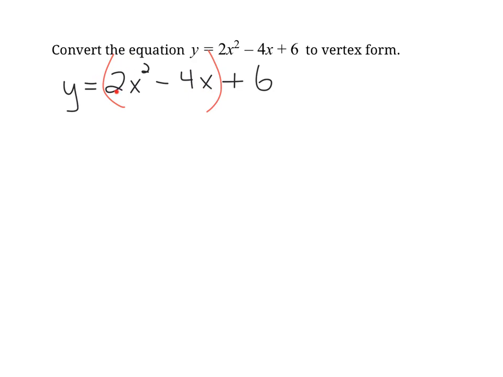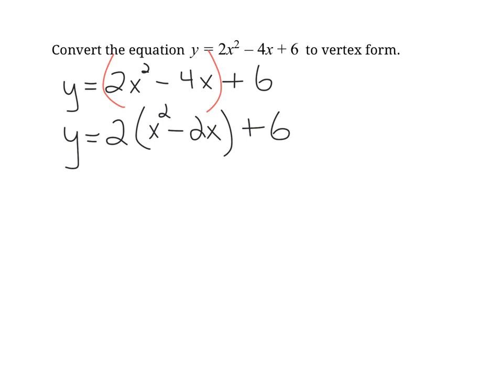We need to figure out if there is a common factor that we can pull out. So between 2 and 4, there's a common factor of 2. So I'm going to pull out 2, and what would be left is x squared minus 2x. The plus 6 is still there at the end of our equation.